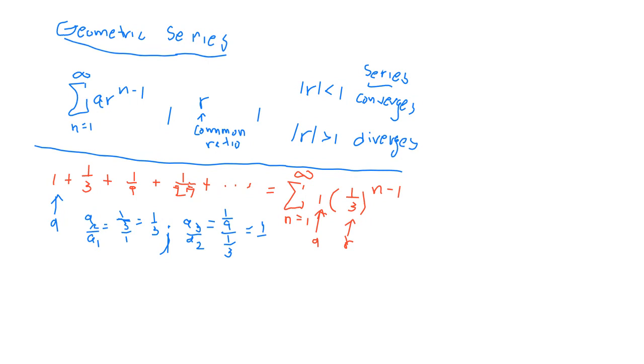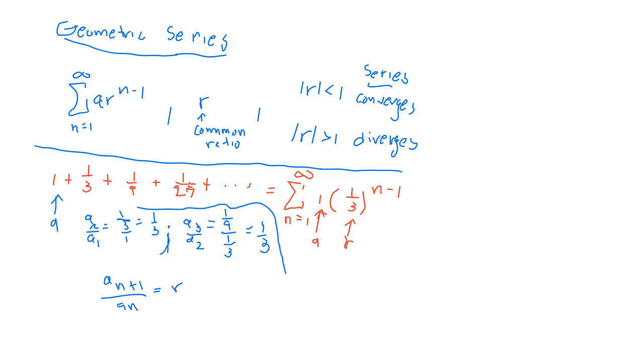That also equals 1/3. So with a geometric series, you have a common ratio. And that means that the n plus first term divided by the nth term will equal that common ratio. And that's in fact the truth.